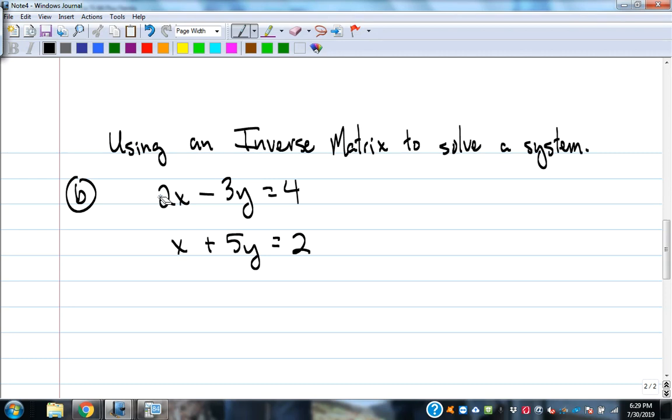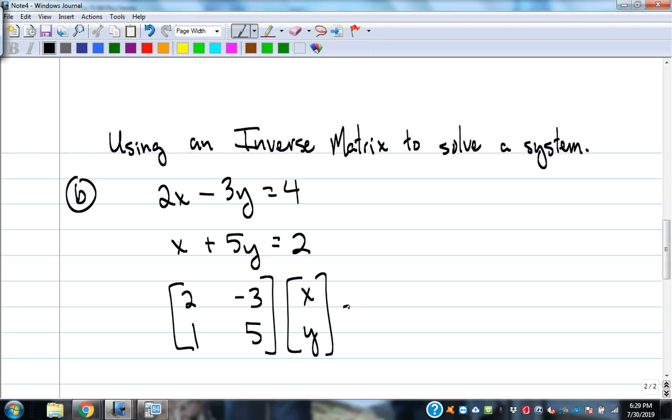A coefficient matrix, guess what it has in it? The coefficients, the numbers that are in front of the letters. So the coefficient matrix is 2, -3, 1, 5. What I'm showing you here is how they can set up a matrix equation in a system.